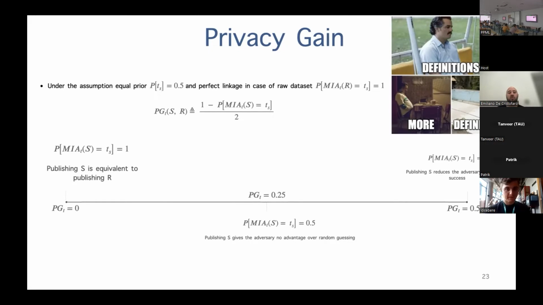This metric is between 0 and 0.5, and 0.5 is the least you can do, because it's a random guess, right? That's why the metric is not between 0 and 1. We run experiments where we run this membership inference attack, so this is an empirical measurement of privacy.